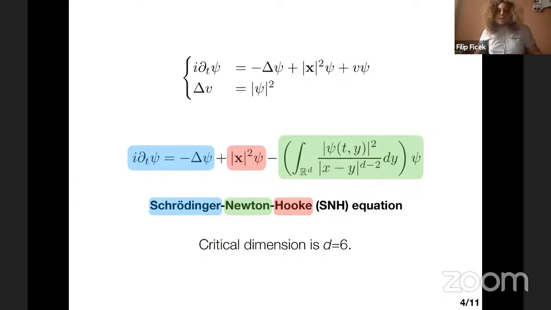And it turns out that if one is interested in this equation in other dimensions than 3 or 2, which are typical dimensions for quantum mechanics, there are not many results. More precisely, there are results up to dimension 5, but for higher dimensions, there are almost no results considering this equation. The reason for this fact is that 6 is the critical dimension, the energy critical dimension for this equation.